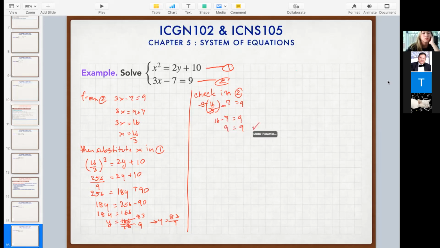That is correct. Now we check in equation number 1 by substituting the values of x and y. We get x, that is 16 over 3 squared, equals 2y plus 10.